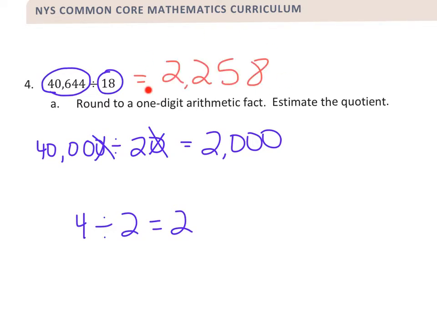The real number was 2,258. Now look, that's only 258 off. That's pretty close to 2,000. In fact, this would round to 2,000. And I went down on this one, but I went up on this one. So the amounts that I'm changing, and the direction that I'm changing, affect how close or far away I am from the final answer.